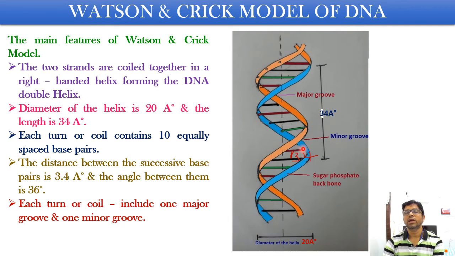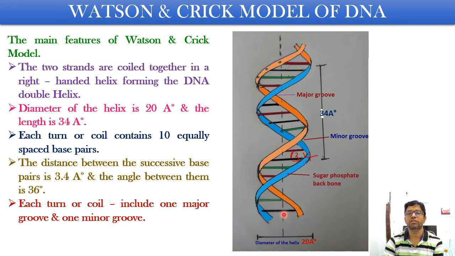In this way, DNA is made up of two polynucleotide strands arranged anti-parallel to each other, and these two strands coil together in a right-handed direction along the long axis.